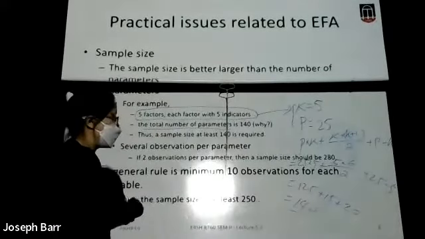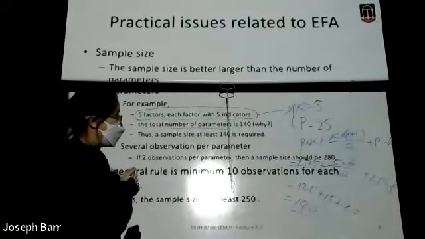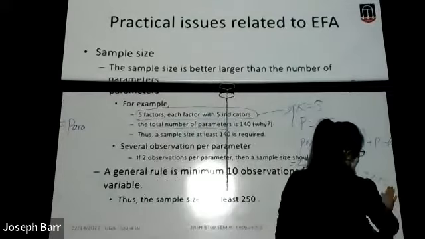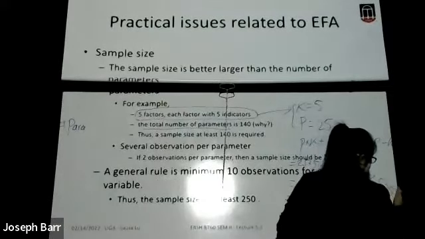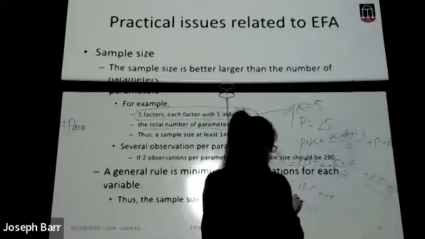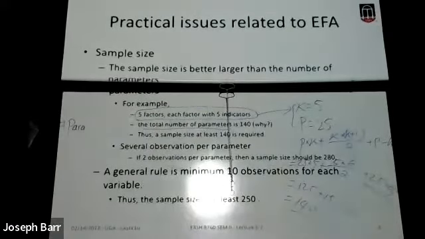So here we have 5 squared, so this is just done. That's why we have 140.